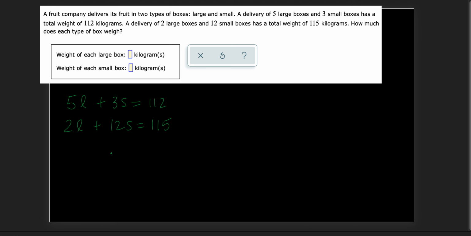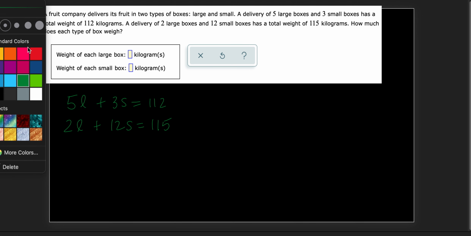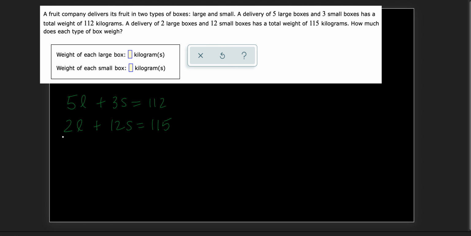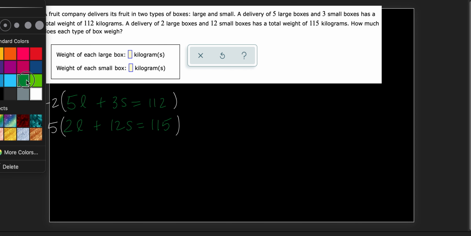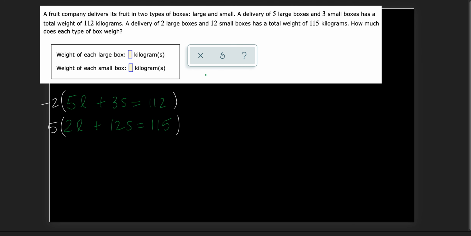So it looks like we could use the addition method again, and we need one of those variables to add up to 0. This would add up to 7L, and this would add up to 15S. We need one of them or both to add up to 0. So what I'm going to do is multiply this top equation by -2 and this bottom equation by 5 to make a 0 happen somehow.